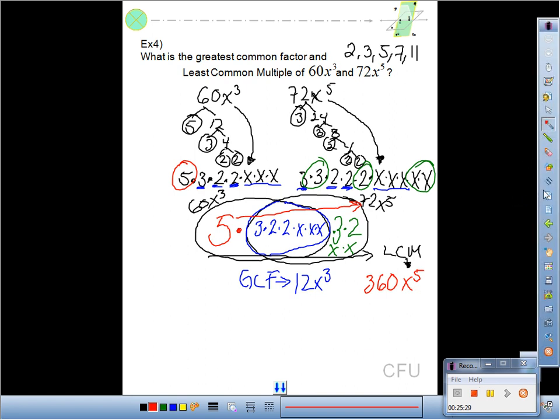However, what if I did this? Writing utensils down, look up to the screen. What if I said, find me the GCF and LCM of 8, 12, and 15. So what do we need to do?